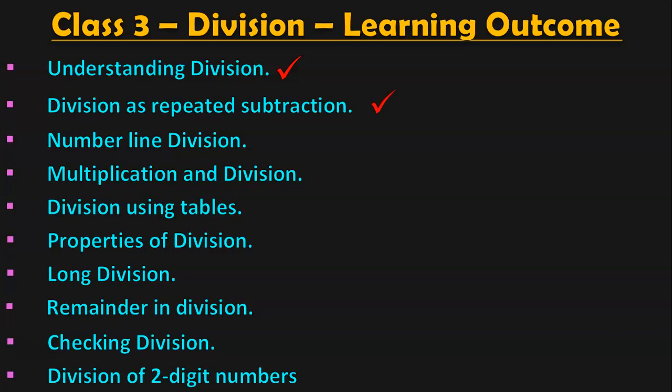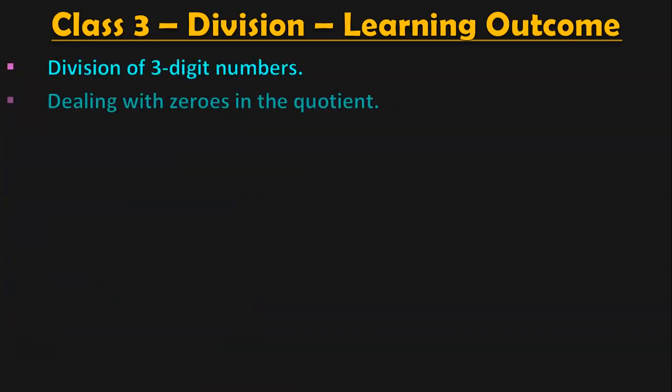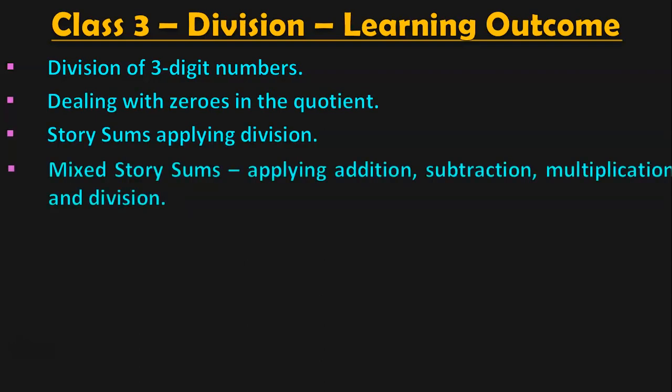In my upcoming videos we will be dealing with number line division, multiplication and division, division using tables, properties of division, long division, remainder in division, checking division, division of 2-digit numbers, and many more topics like division of 3-digit numbers, dealing with zeros in the quotient, story sums applying division, mixed story sums applying addition, subtraction, multiplication and division, and finally mental math and a division worksheet which will contain a quick revision of all the concepts that the children have learned in class 3 division.